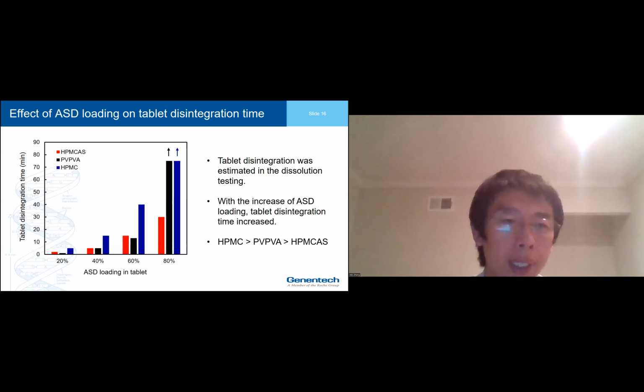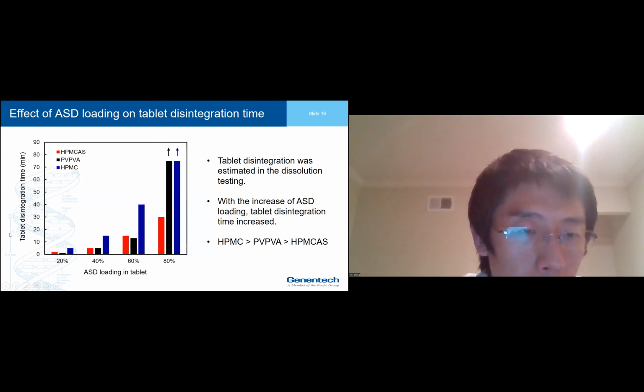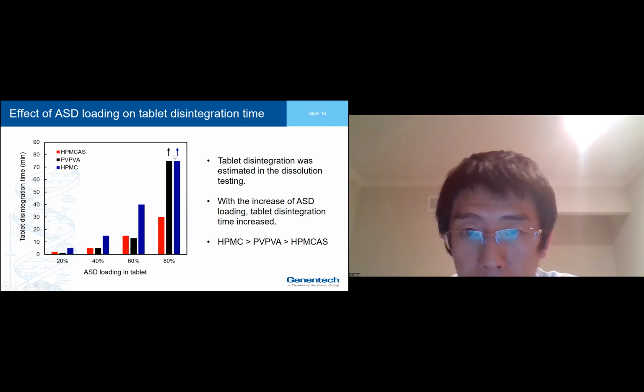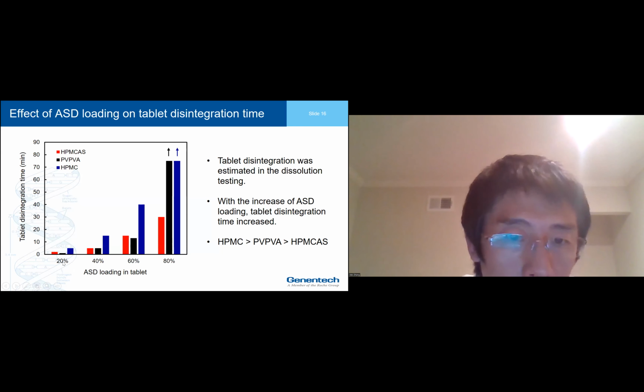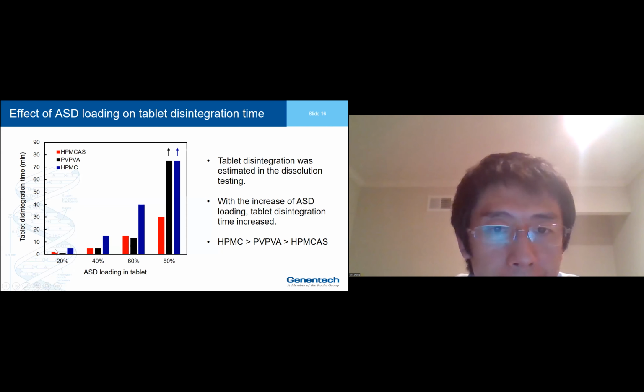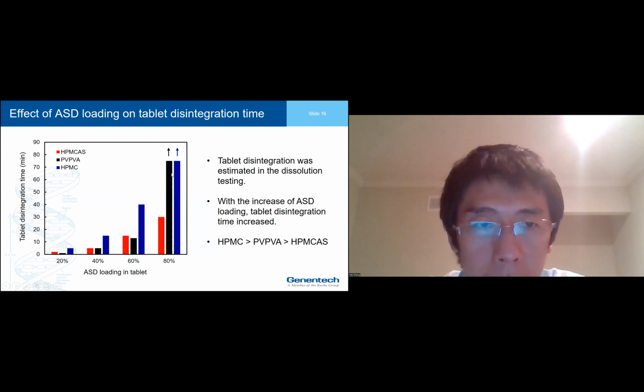So after we made these tablets, we tested our tablet disintegration time in the dissolution testing. Here we can see as the ASD loading in the tablet increases from 20% to 80%, the disintegration time of our ASD tablets in general increases.